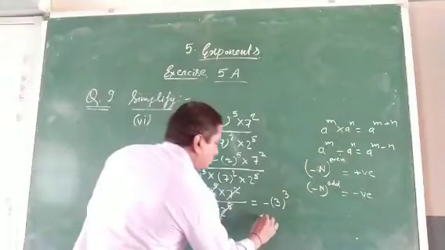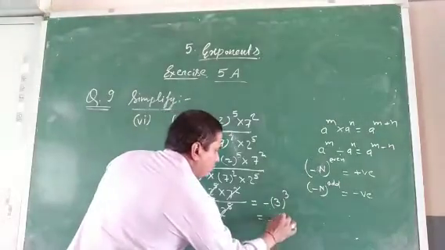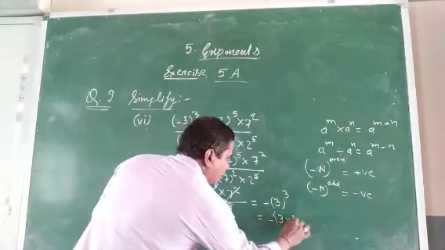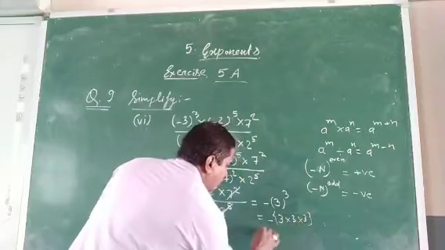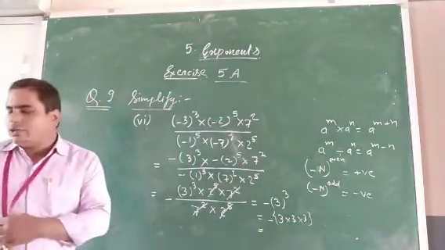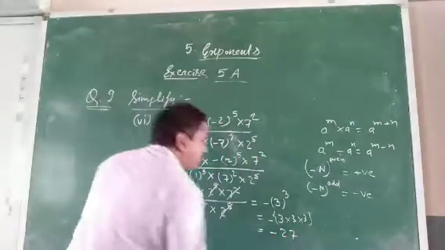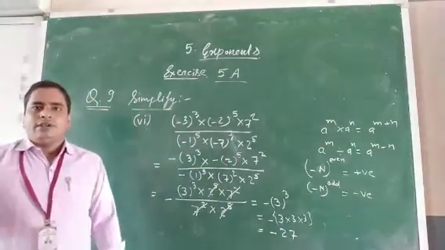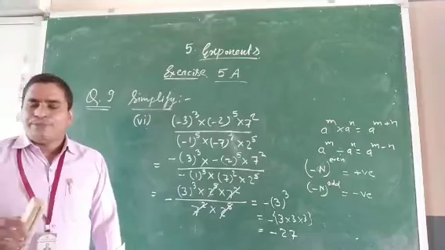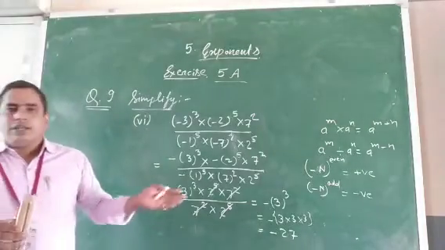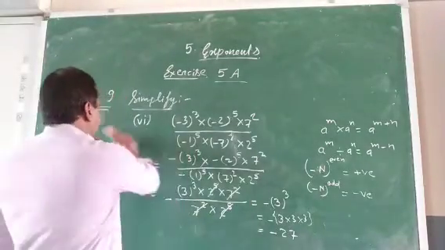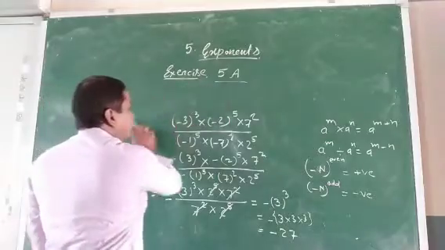Okay, so the answer is what? 3 into 3 into 3: 3 threes are 9, 3 nines are 27. So the answer is minus 27. Clear students? Okay. Now we will proceed to the next question, the 10th one.